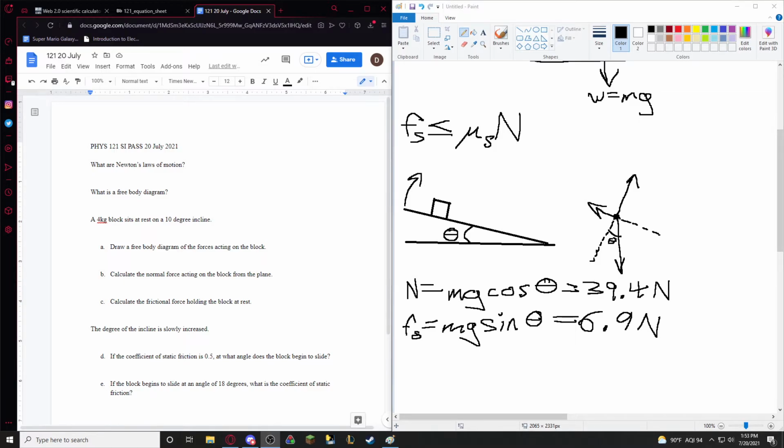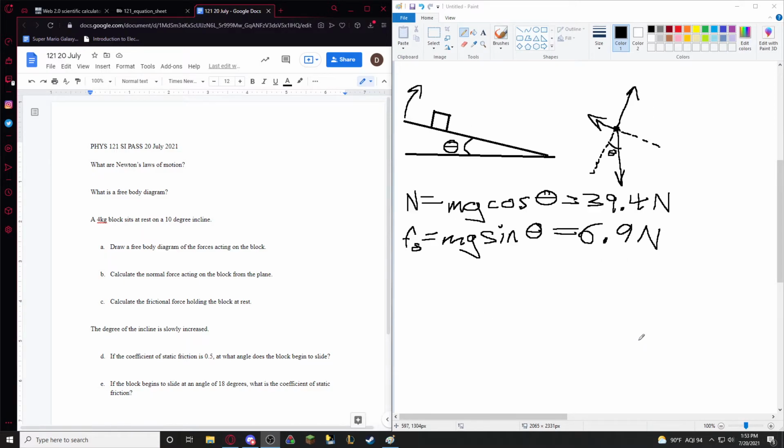So let me know, how did you get that? Take me through your whole process. The formula says the static coefficient times the normal force equals the friction force.